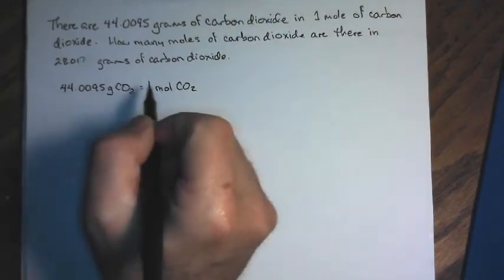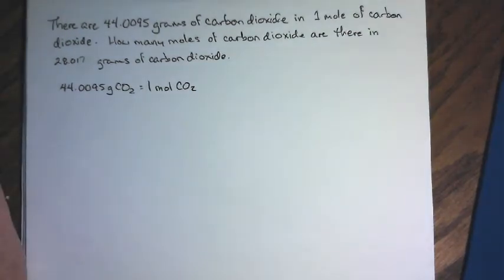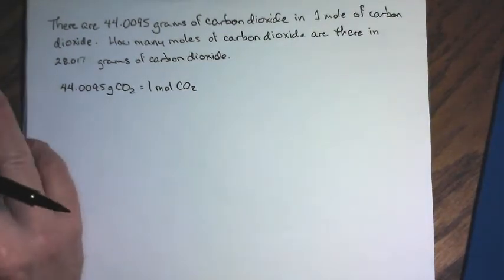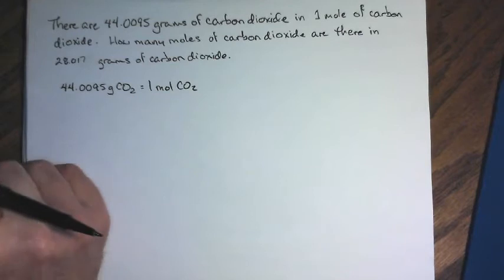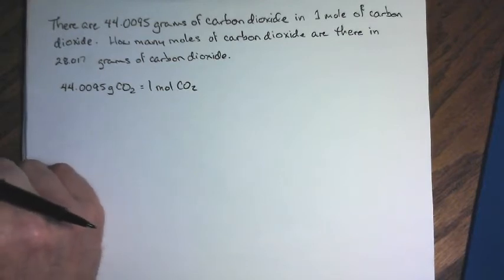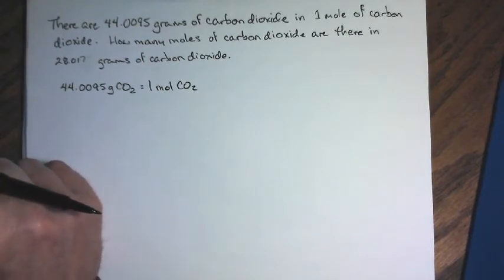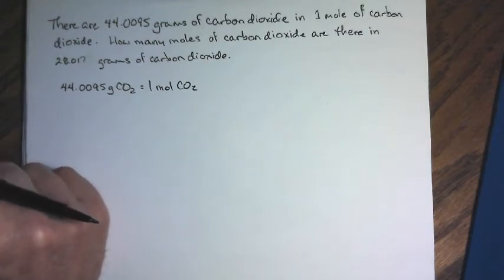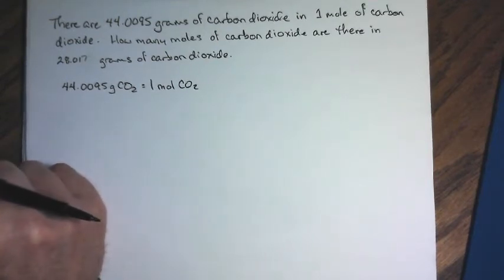This mathematical statement is called an equality statement. An equality statement. Okay? That's important. All conversion units have an equality statement. In this class, if you have a conversion unit, you've also got to show me the equality statement.